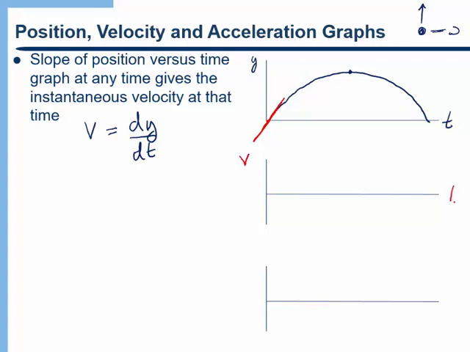Therefore, when we plot y versus t, we can see that our initial velocity is high. At some point here, we notice that the velocity is less, maybe right there. Notice the slope of position versus time at the top is 0, so it's going to go through 0.